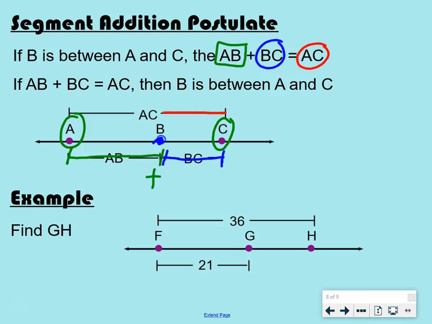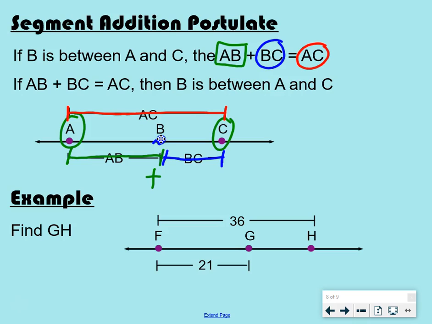So we're saying it equals this entire length here. Just seeing it drawn on the piece of paper makes it look like it's true. That's why it's a postulate. We don't need proof to accept that it's true. We understand the concept. So, also backwards, if AB plus BC equals AC, then we know that B, that point, is between A and C.